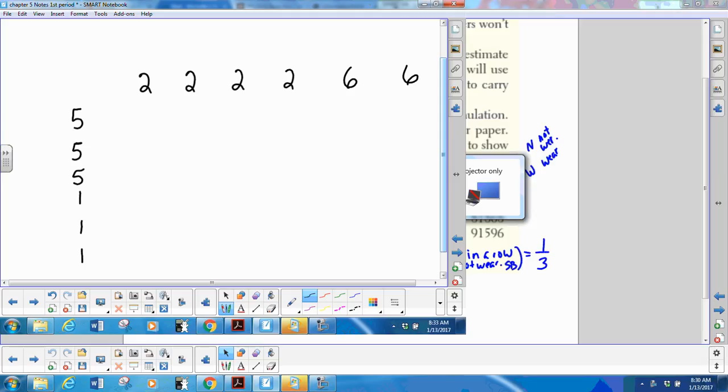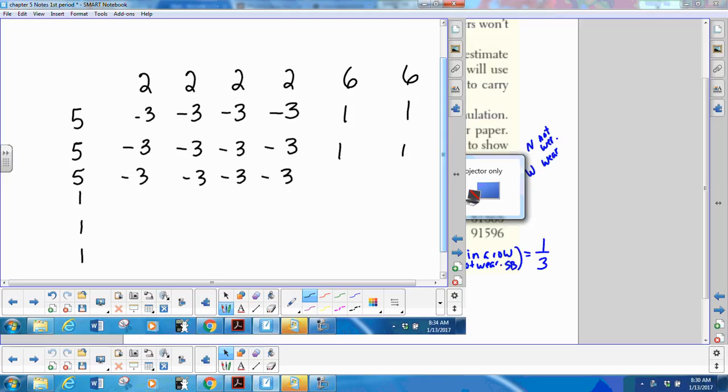So you can do 2 minus 5, which is negative 3. 6 minus 5, which is 1. 2 minus 1, which is 1. 6 minus 1, which is 5.